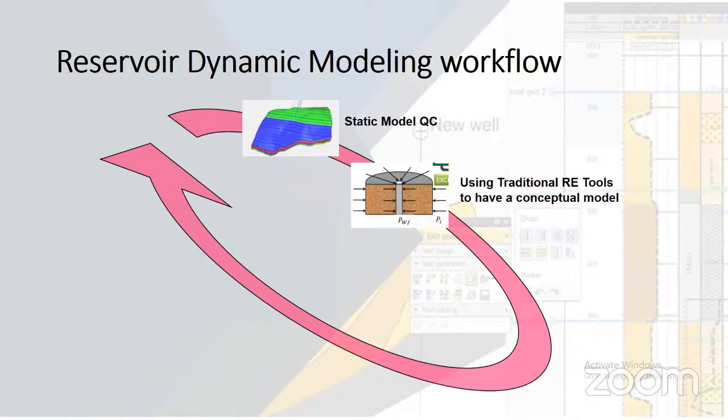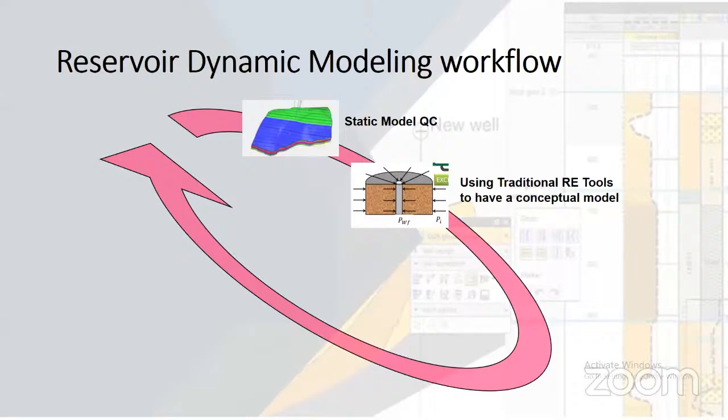The second step is to use the traditional simulation toolkits like material balance, well test, decline curve analysis, and so on, to get rough estimations about our reservoir, to have a conceptual model.